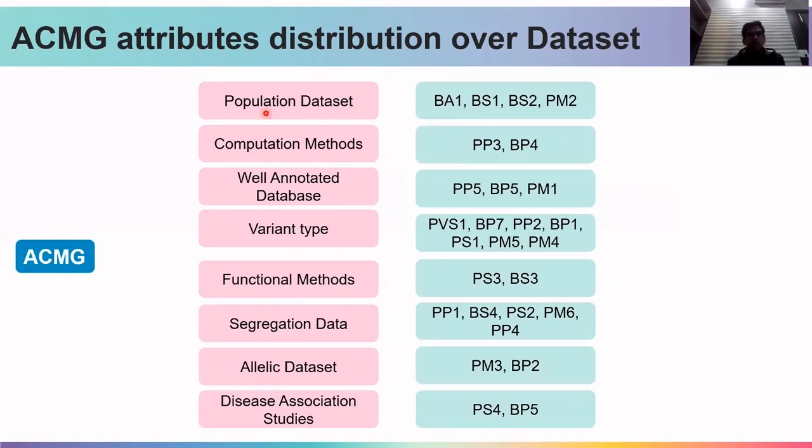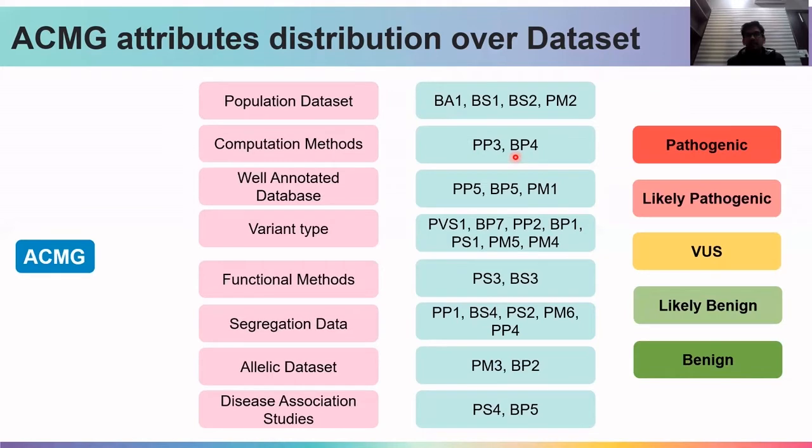For example, for the population data set, there are 4 ACMG attributes, or 4 evidence, which can be satisfied, like BA1, BS1, BS2, and PM2. Similarly, for computational methods, there are 2 ACMG attributes, or 2 evidence, which have to be satisfied by the variant. On the basis of it, the variant is classified into 5 categories: pathogenic, likely pathogenic, VUS, likely benign, or benign.